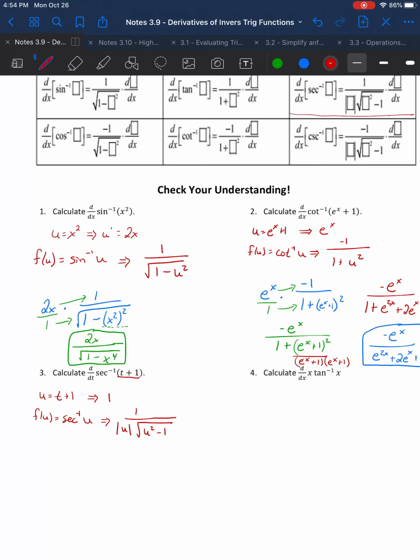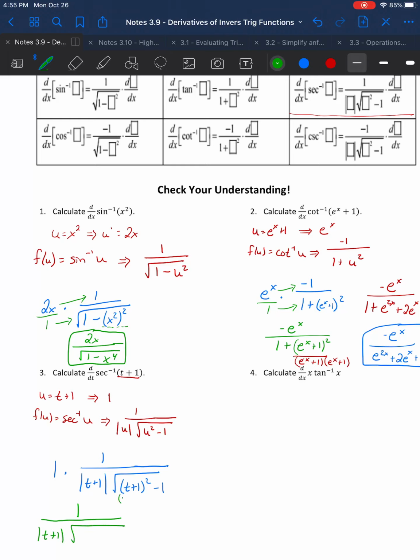Sorry, kind of didn't specify what I was doing. I plug back in what u was times u prime. Now, a nice thing with secant is that the absolute value I really can't do anything with. So that part's as simplified as it's going to go.